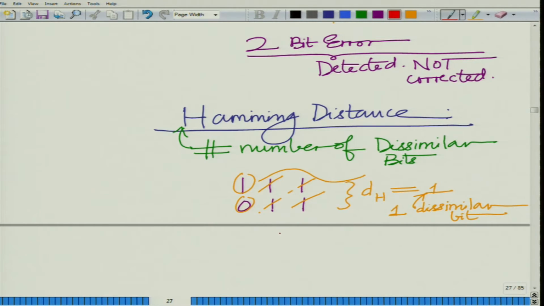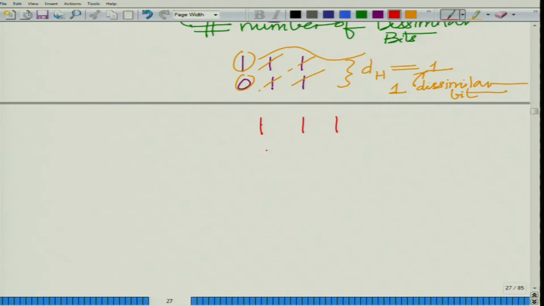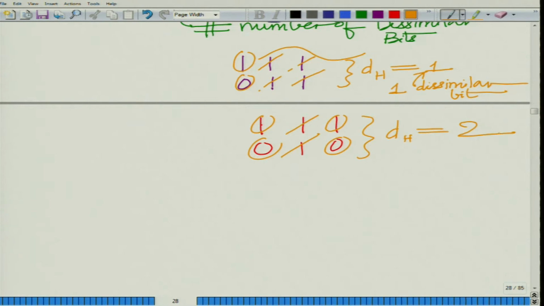On the other hand, if you look at the second one, that is 1, 1, 1 and 0, 1, 0. Of course, these two are identical, these are different. So the Hamming distance equals 2.